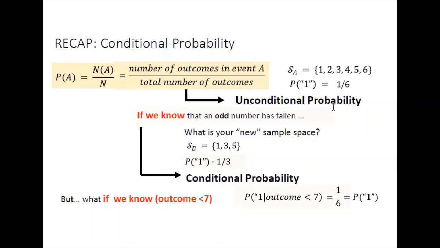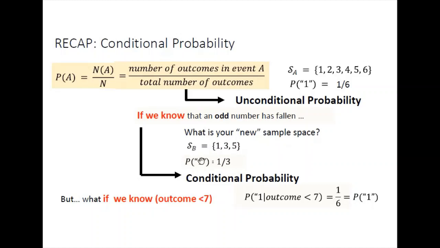But what about a conditional setting? If someone tells us that an odd number has fallen, then what is the new sample space and what is the probability of 1?